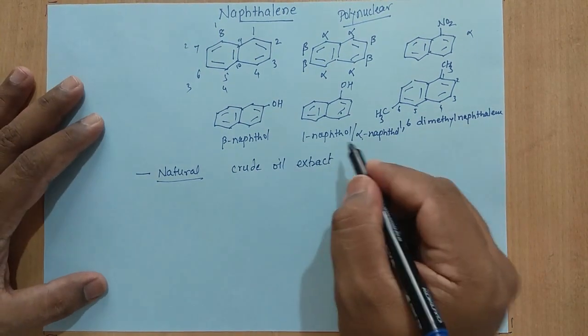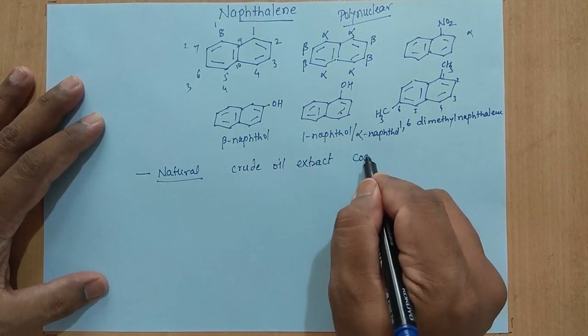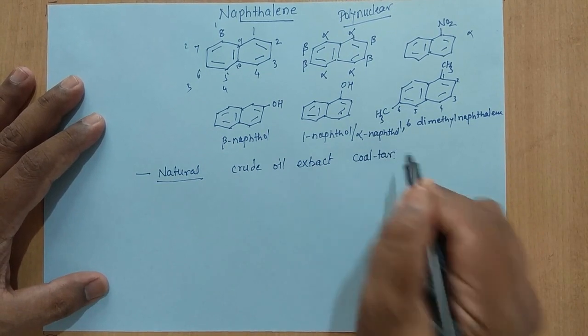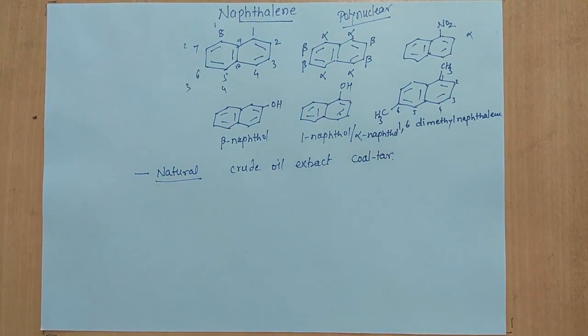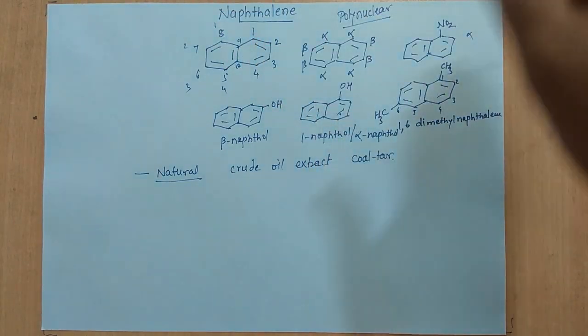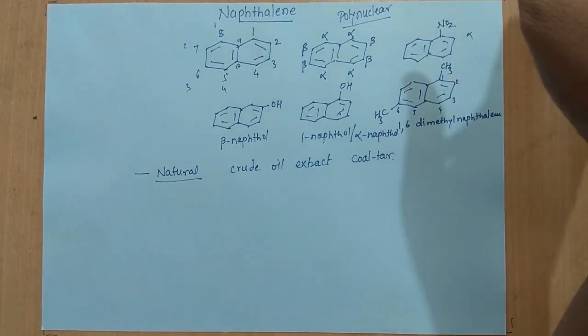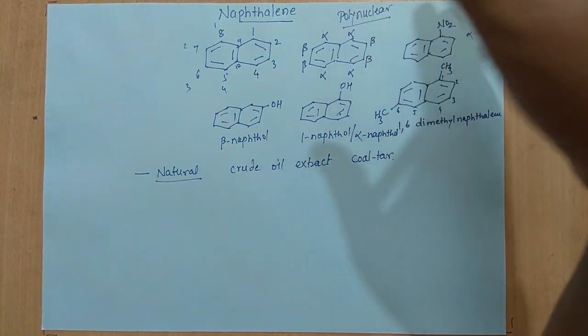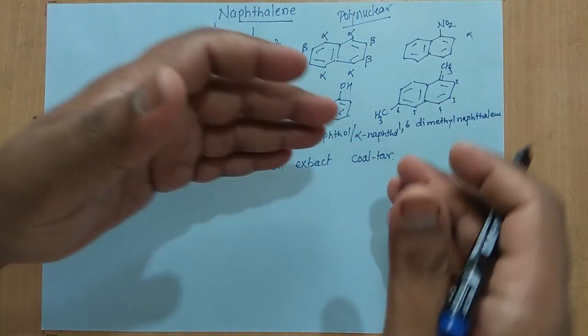Mainly it is obtained from coal tar. Coal tar means the tar or asphalt that is used for making roads. This coal tar is also one of the final products of crude oil. First, from the crude oil, all the petroleum compounds like petrol, diesel and kerosene are isolated. Finally, whatever is remaining, that is coal tar.